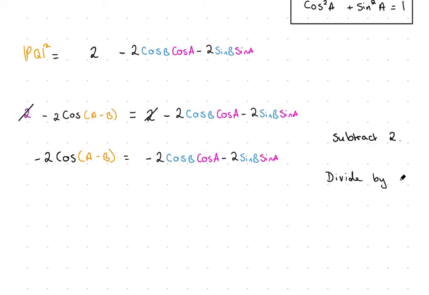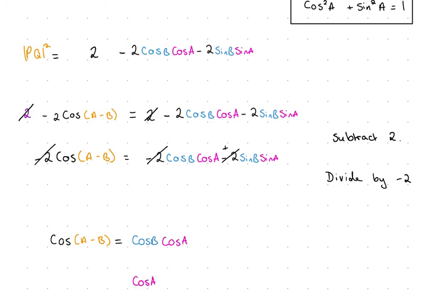So what I'm going to do then is I'm going to say divide by minus 2. And what will happen is this will go to 1, that will go to 1, and that will go to 1. And they'll all become positive. So I'm left then with cos A minus B. So cos of A minus B, that's equal to cos B cos A. So cos B cos A, which is the same thing because multiplication is commutative.